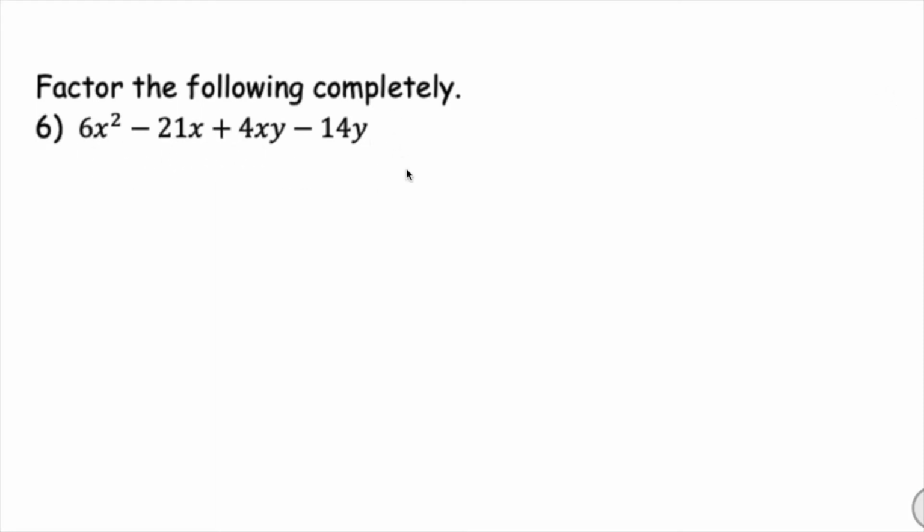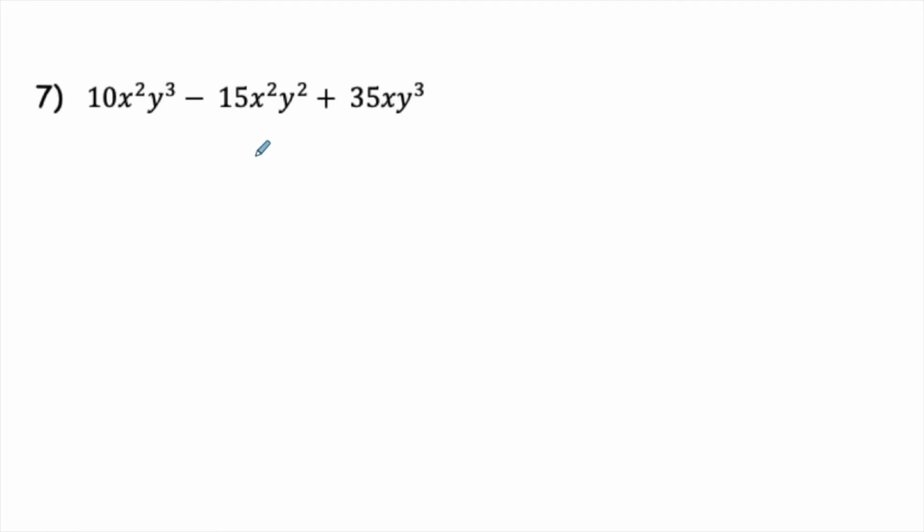So this does not have anything that can factor out of everything. Like I could take a 3 out of these two and a 2 out of these two, but you see there's no number and no variable we could take out of all of these. So if we can't do that, that means it's prime. So this one here would be prime for what we did, okay? So you don't need to worry about that one. We won't see that on the test.